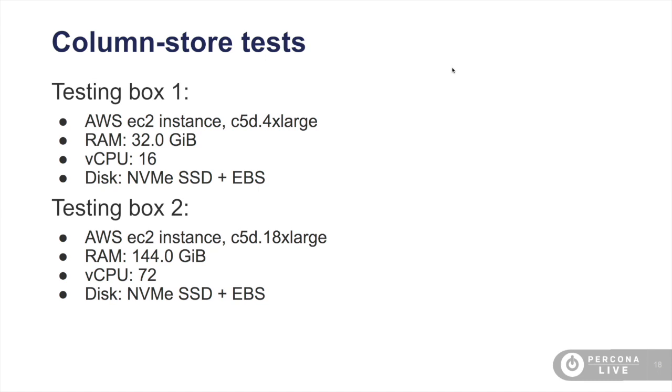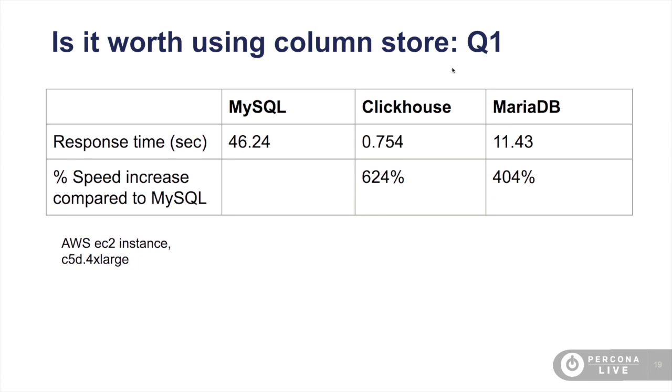So the main question is, is it worth it? Do we want to move our database to MariaDB ColumnStore or Yandex ClickHouse? I have done these tests, and this is our query number 1, a single table query.